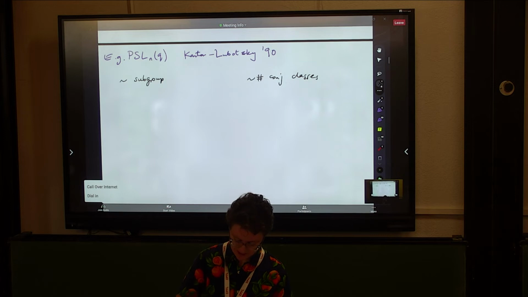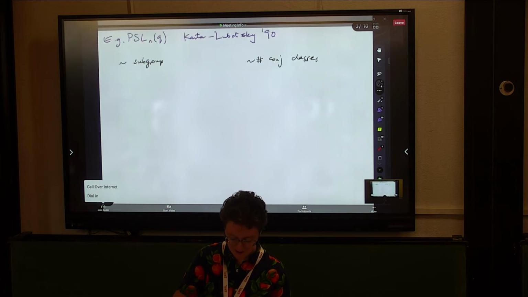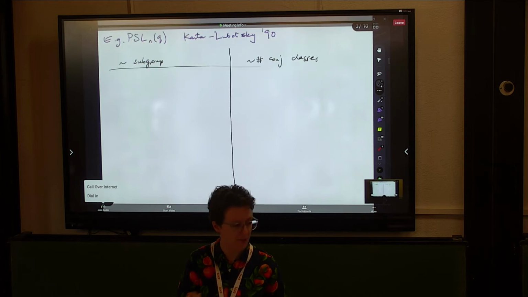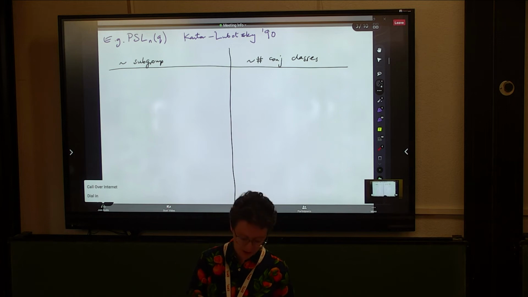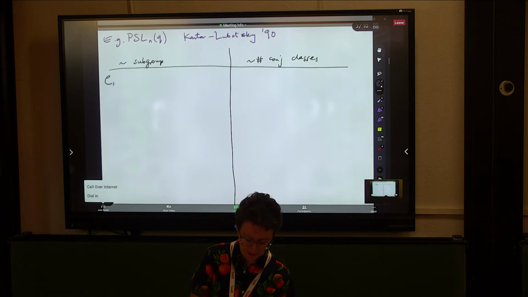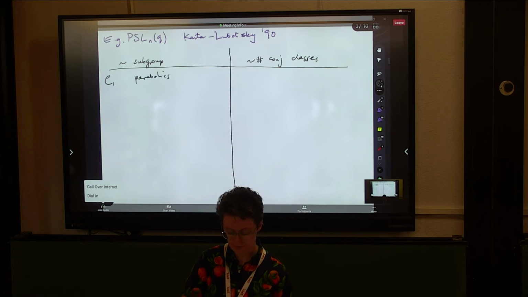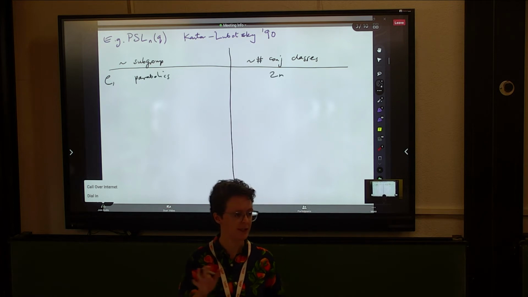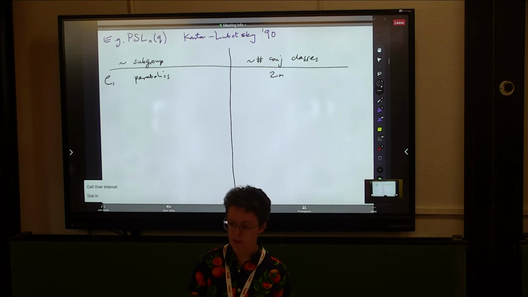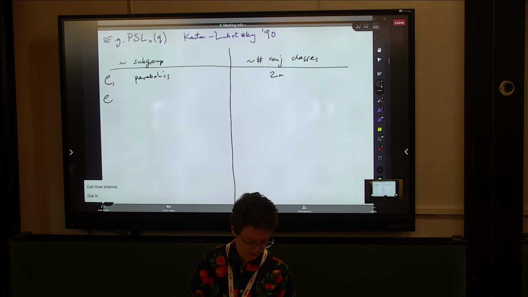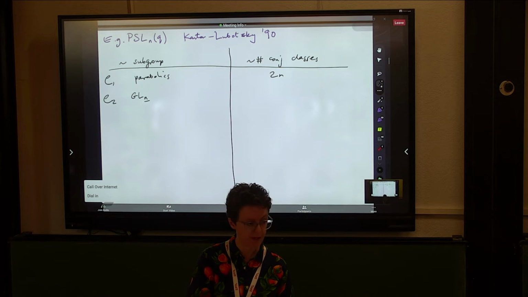And let's not do all of the types, but let's do a little table. So, okay, C1, we've got the parabolics. And there's some linear number, I'm going to say 2n, of conjugacy classes here. And then for C2, we're going to have our groups that fix a direct sum.